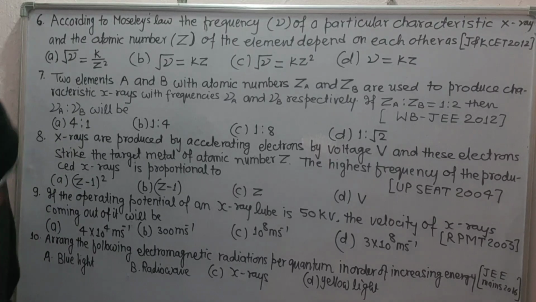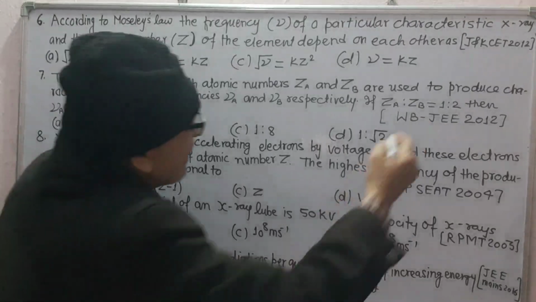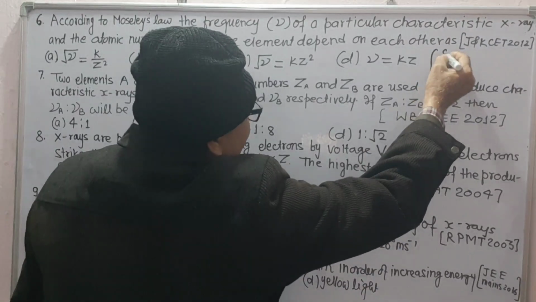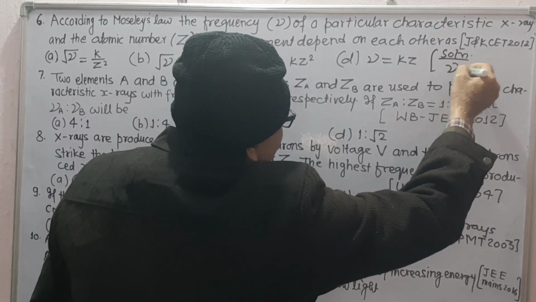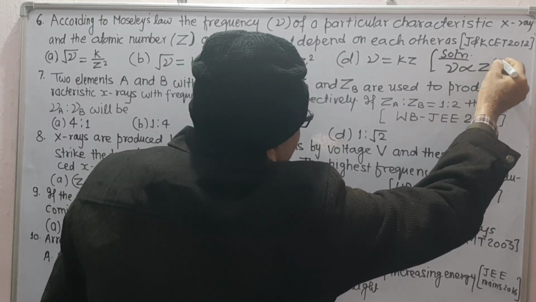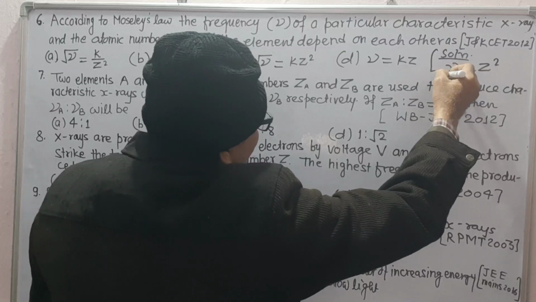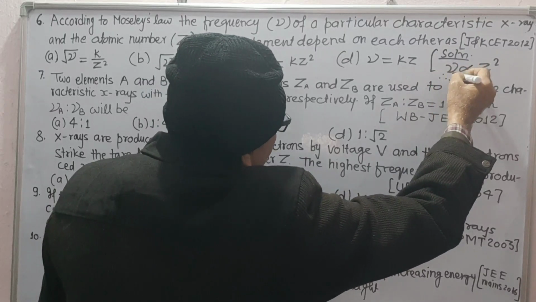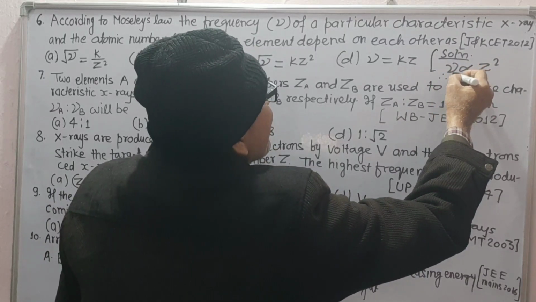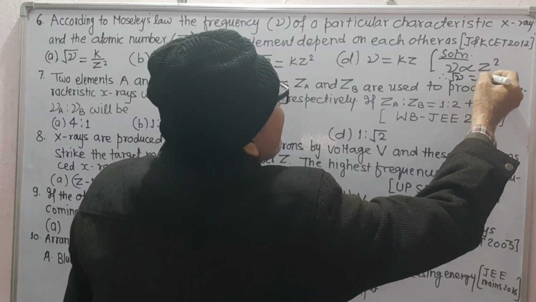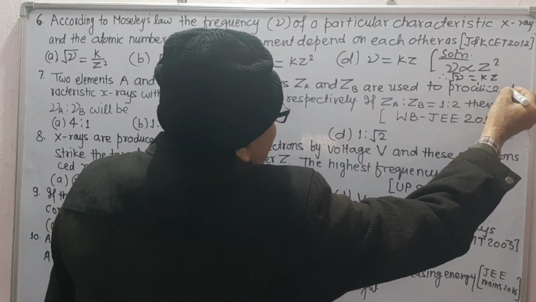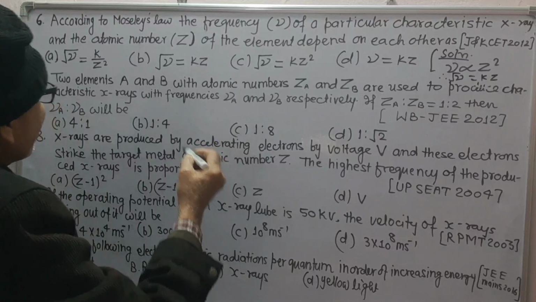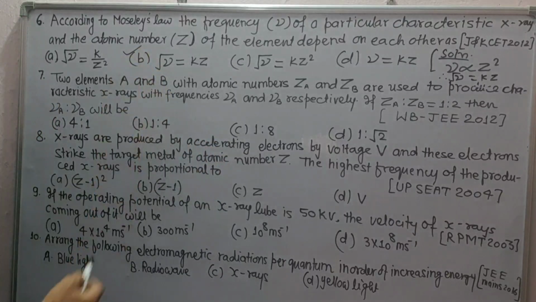Now, from Moseley's law, we know that frequency is directly proportional to Z square. Therefore, root of frequency will be equal to a constant of proportionality times Z. So, the correct option will be B.